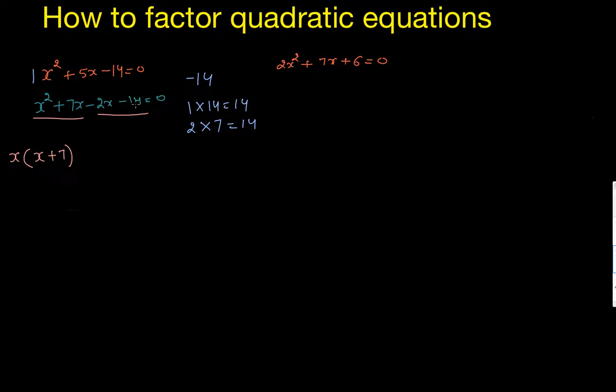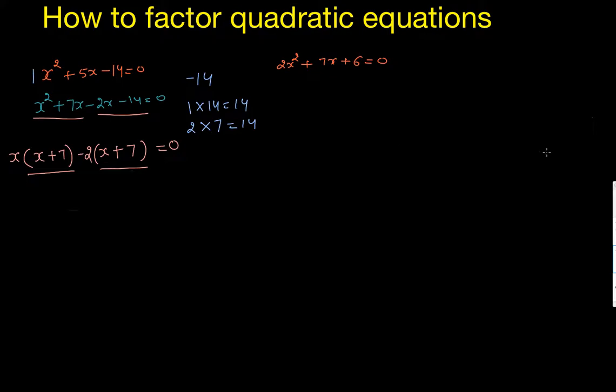I think we can take 2 out. I'll put parentheses. If I take a negative 2 out, I'm left with x, and since I took out a negative, I'm left with a positive 7. An interesting thing: this parenthesis will be the same as this one. They are both the same.